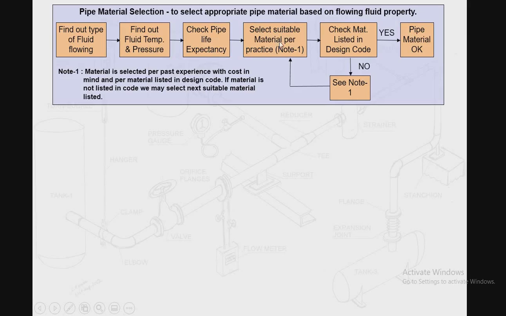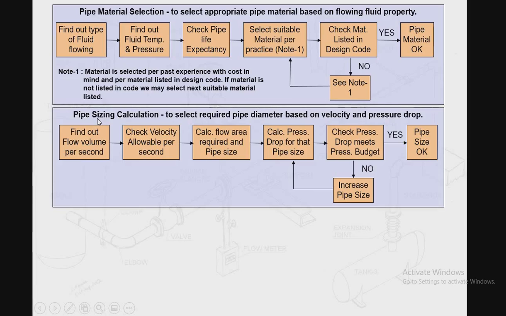Select suitable material per practice note number one. Note number one says material is selected per past experience with cost in mind and per material listed in design code. If material isn't listed in code, may select the next suitable material listed. After that, check if material is listed in design code. If yes, the material is okay. If no, see note number one as we said.